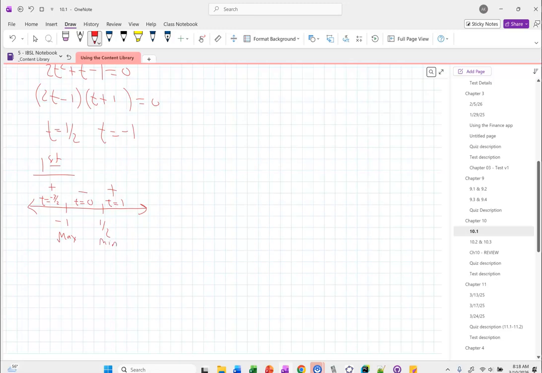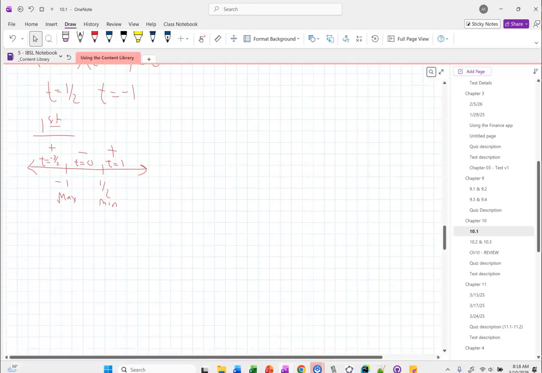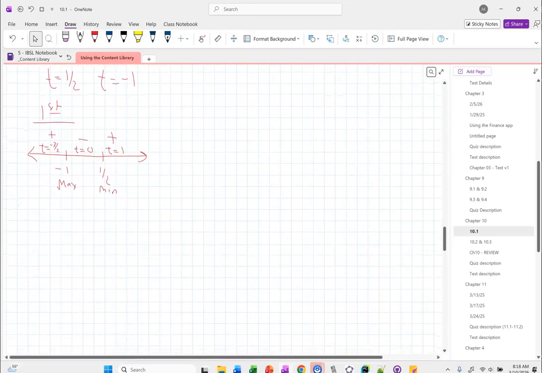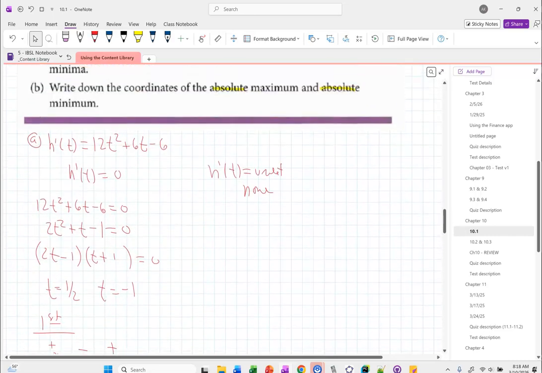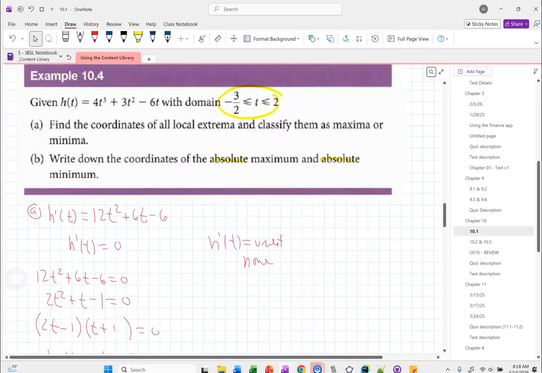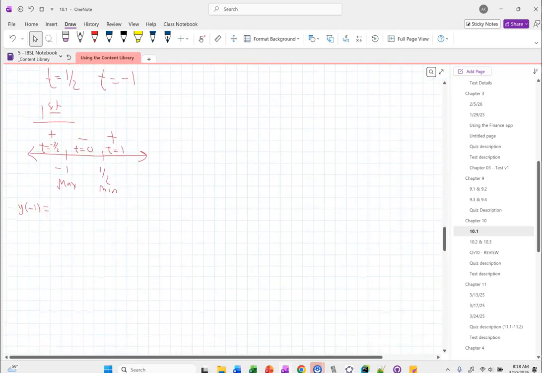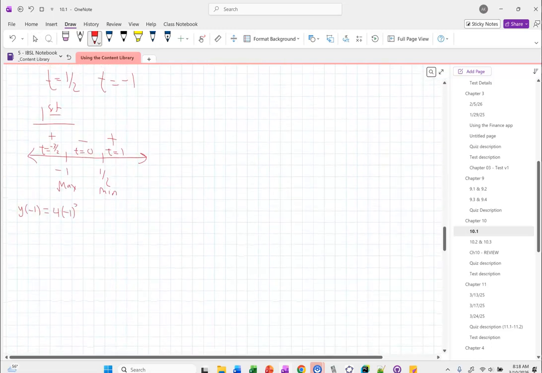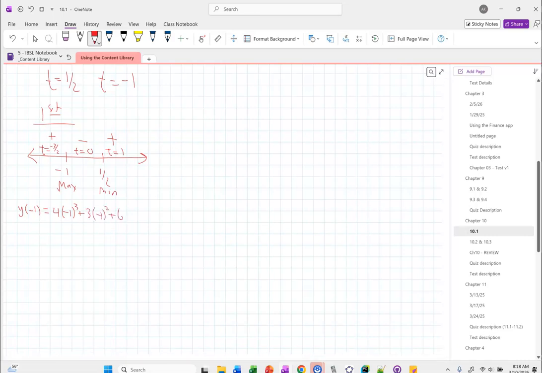Now it asks for the coordinates here, so I have to then find the y coordinates. So I go back to my original, 4, 3, negative 6. Oops. So that's negative 4, plus 3 is negative 1, plus 6, so that's 5, I think.